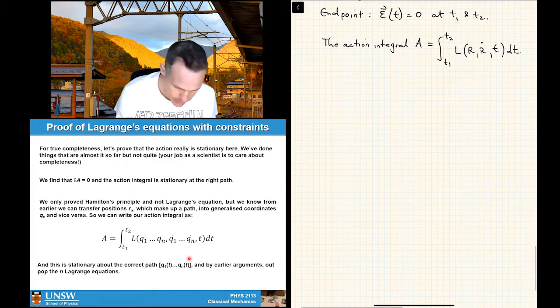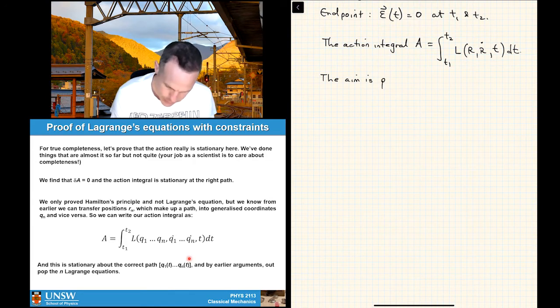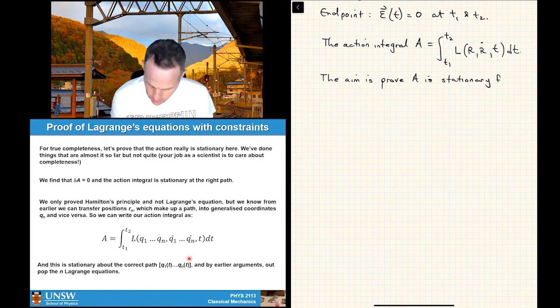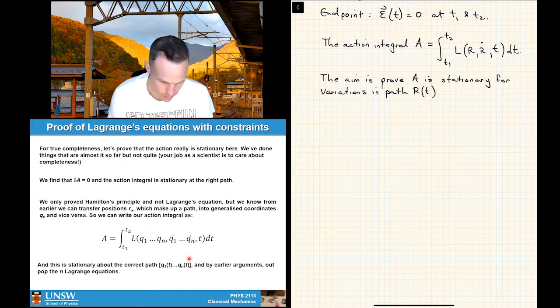So the aim here is to prove that A is stationary for variations in the path R of t when R of t becomes little r of t.